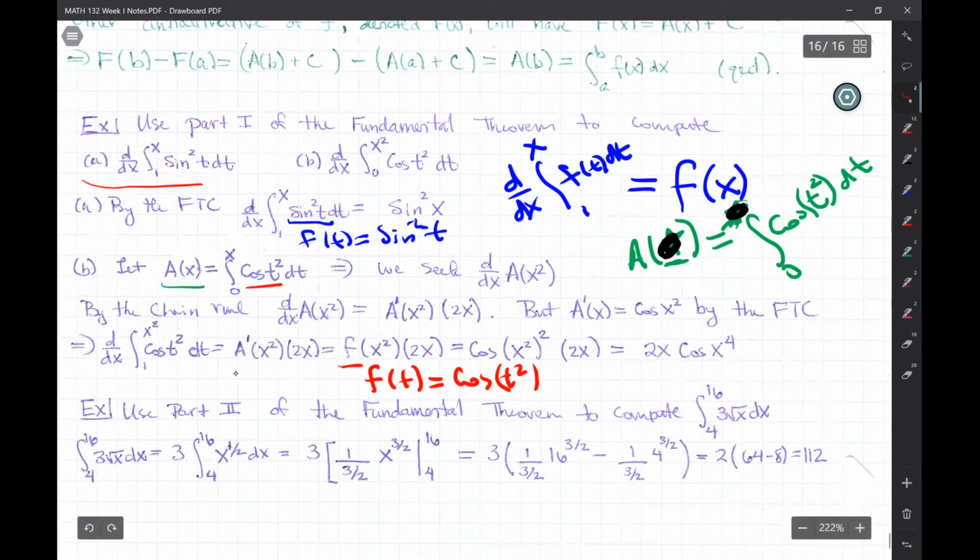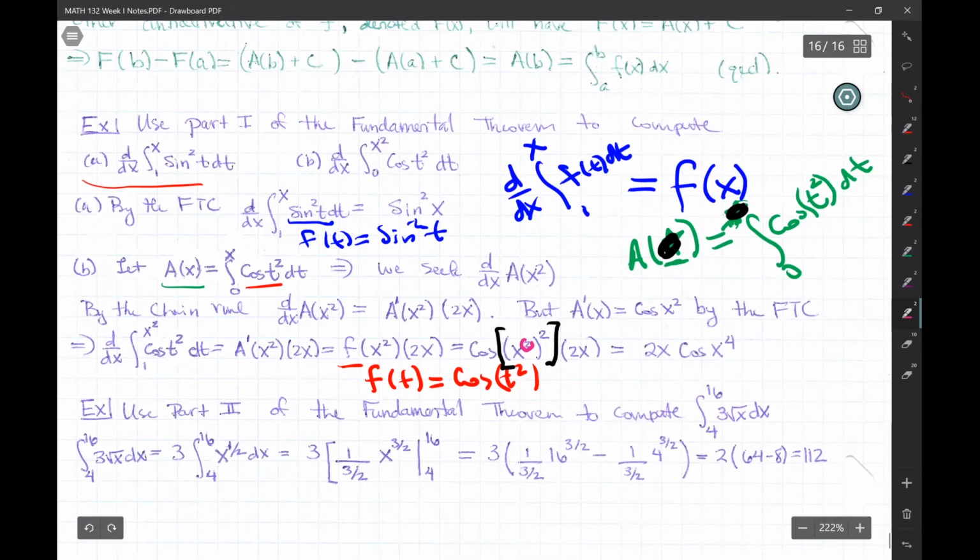And so that's the derivative of the outside function with the inside function plugged in times the derivative of the inside function. The derivative of x squared is 2x, of course. And so we get this cosine of x squared raised to the power 2 times 2x. And all of this is inside the cosine, okay? Now, where did these two powers of 2 come from?